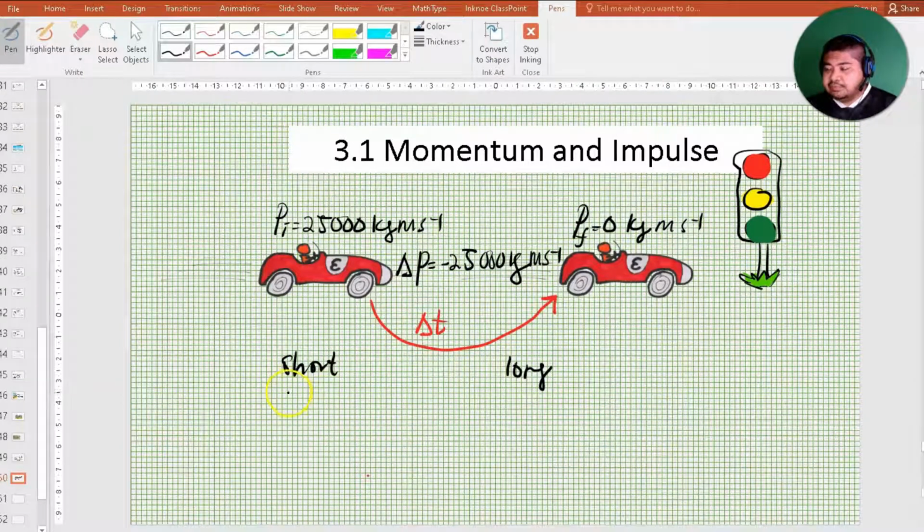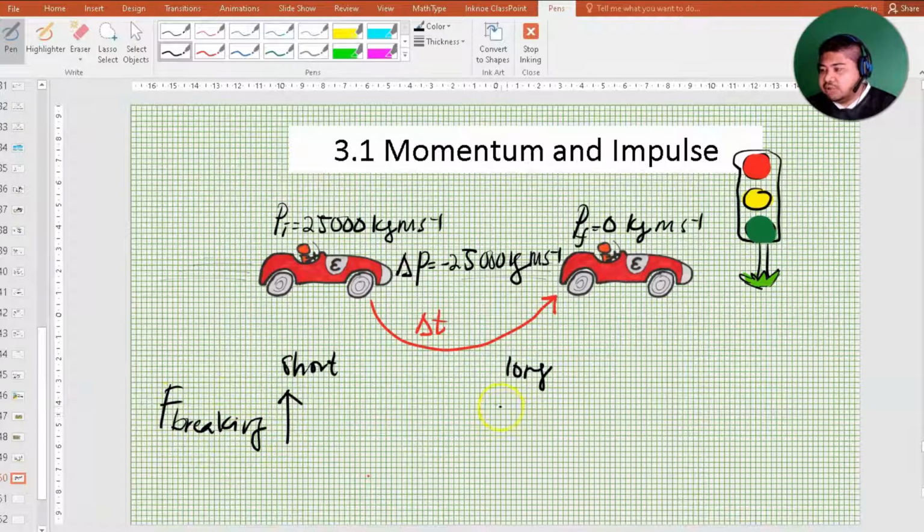The short time tells us that the braking force, F braking, is huge. For a very short interval, meaning the car comes to a stop almost immediately, the braking force is huge.